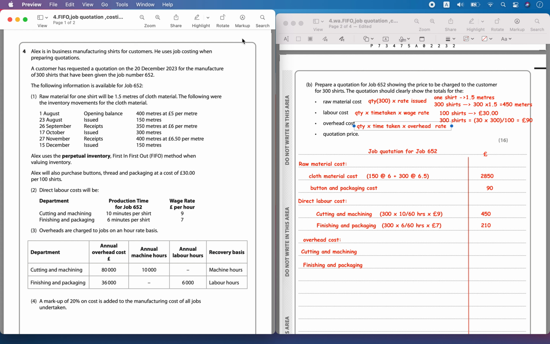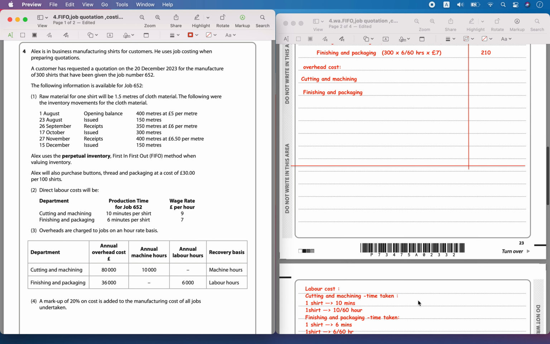So what is the overhead rate? Here the overhead rate is calculated as the total annual overhead cost divided by annual machine hours. That is going to be the overhead rate.